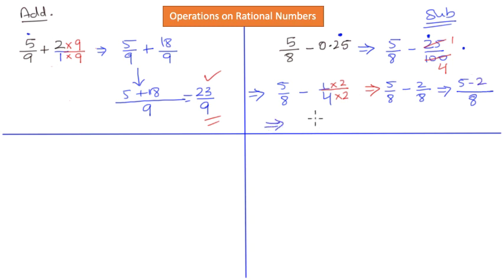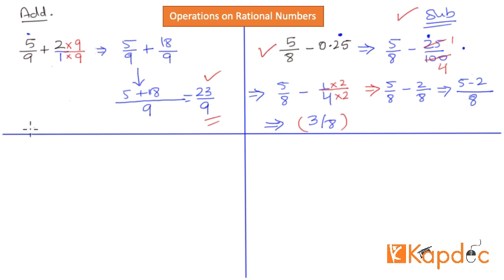Hence, this final result will be 3 over 8. And that is my final answer for this subtraction, 5 over 8 minus 0.25. So once again, I did not do anything different compared to what we have learned in the past in the case of fraction subtraction. Absolutely the same method, same style, same concept.